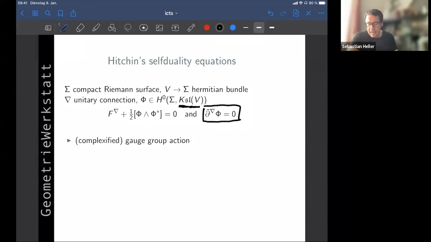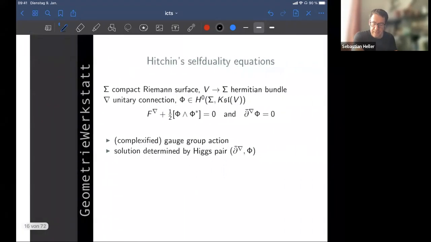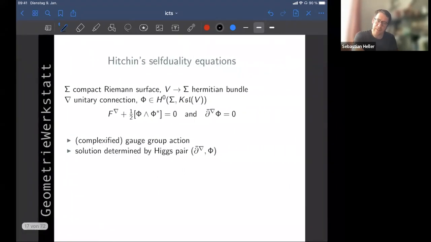So we have that action, and we shall make use of that in a second to somehow reduce everything to a finite dimensional space. But let me first mention two important or famous results of Hitchin. Namely, the first is that a solution of the self-duality equation is actually determined by the Higgs pair.